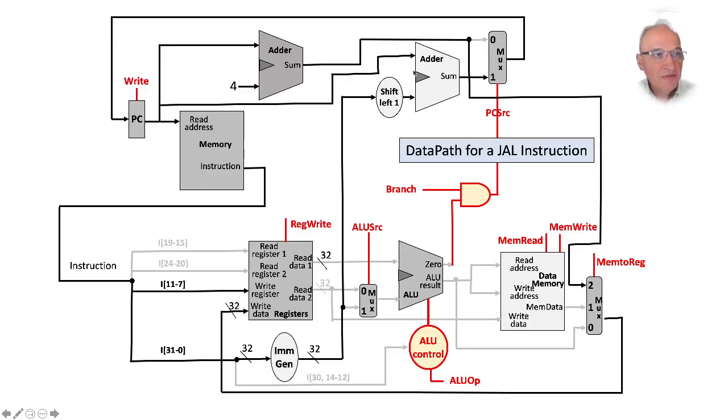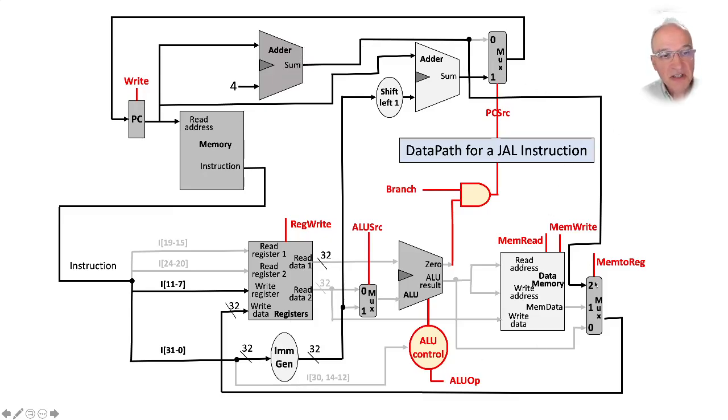The data path for the jump instruction consists of, after I do the fetch, I specify to the register file a register to be written to, because remember the jump and link will save the return address in there. And now I need to take the value of the PC plus 4 that I computed here, and this is the value that I need to send to my register.